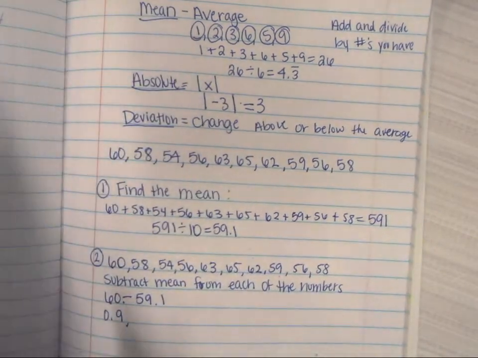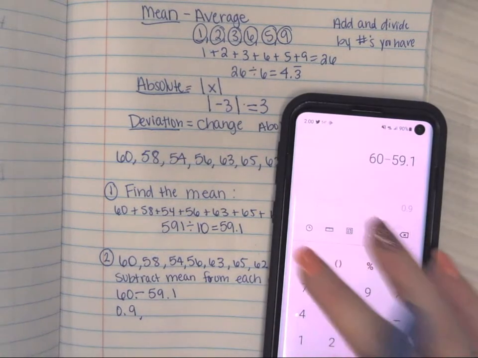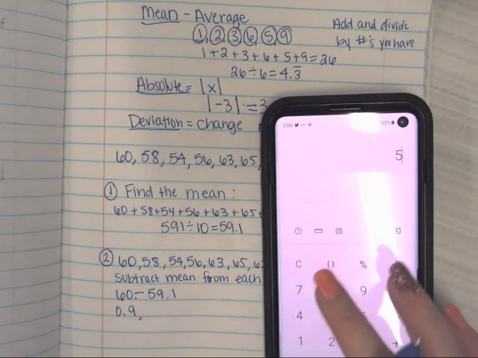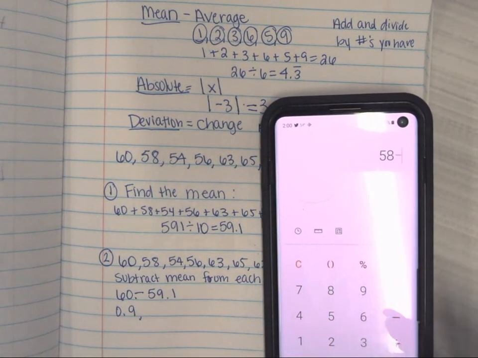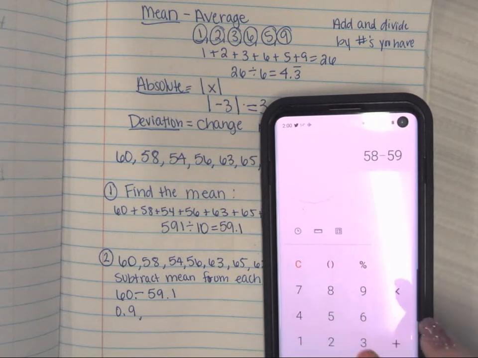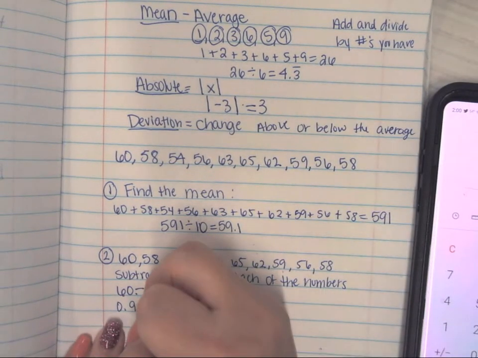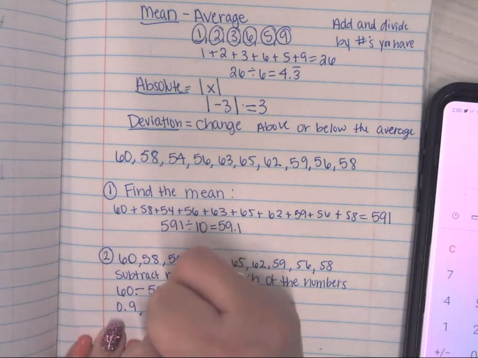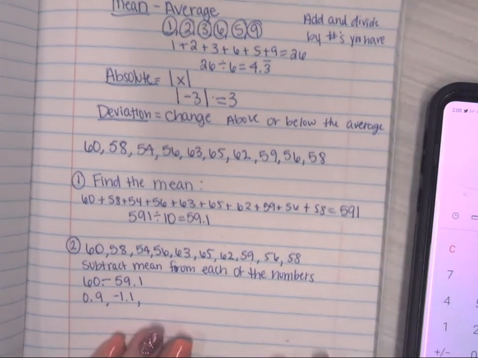Okay, and I'm just going to do this in my calculator. So I have 58 minus 59.1, which is negative 1.1.